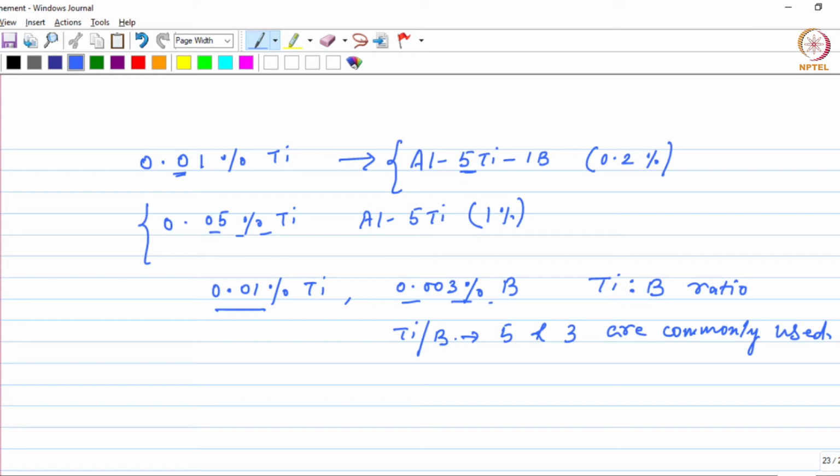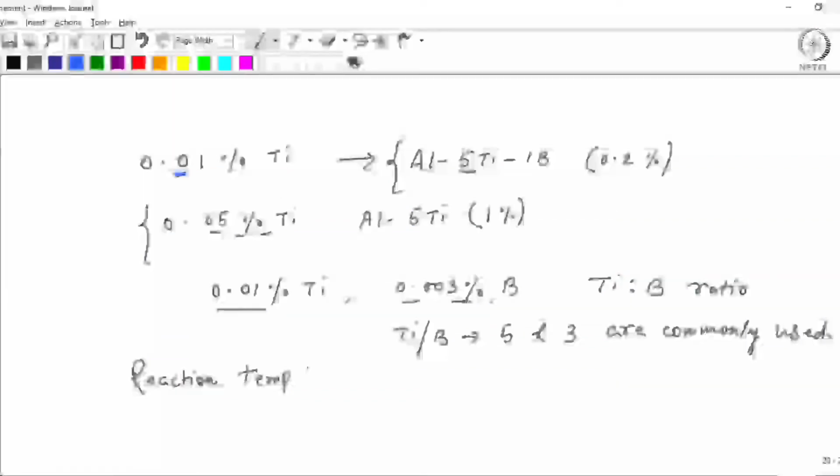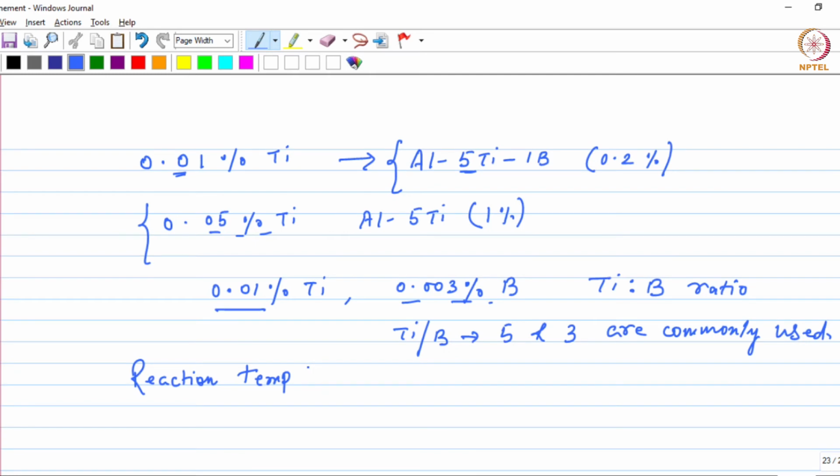And apart from that, you need to also look at the other factors, particularly the reaction temperature and the time. So here you add the grain refiner to the melt, and you need to allow certain time, right? Certain time for these particles to be generated, and then for them to act as those heterogeneous sites.